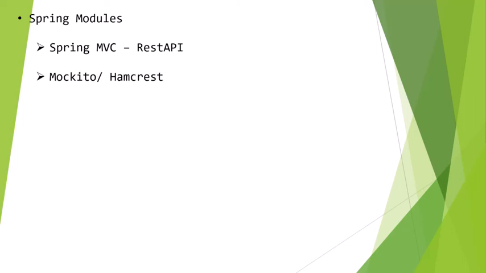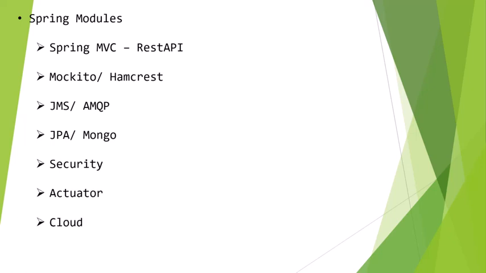We will be talking about how to test the REST API application using the Mockito and Hamcrest libraries, Java messaging service, AMQP, JPA, Mongo, Spring security module, the actuator module, and finally the Spring cloud module. Of course, I forgot to tell you, we will be talking in depth about Spring Boot, its opinionated architecture, its auto configuration features, and such.